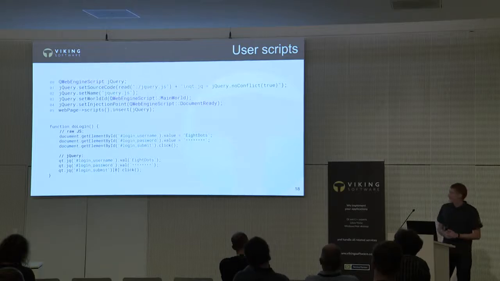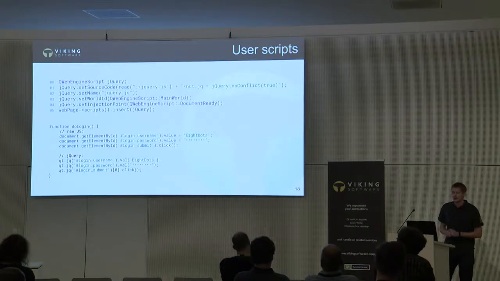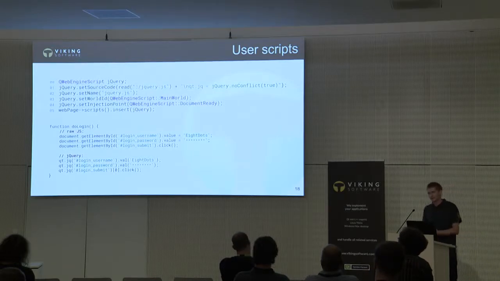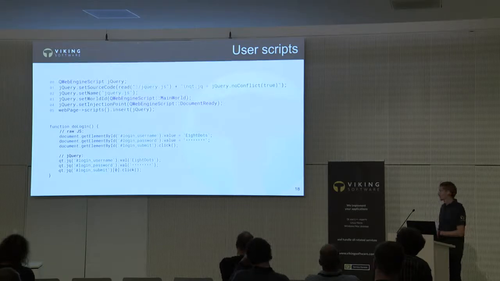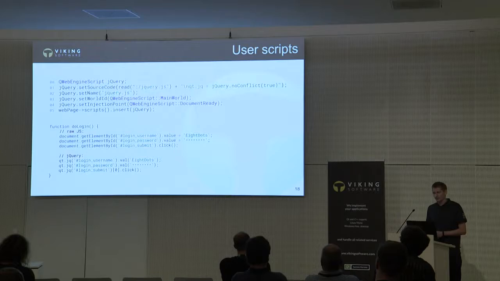Except for obvious fields like source and name, it has a thing called world ID. It's an abstraction from Chromium that allows us to isolate or, vice versa, share some data among the scripts with the same world ID. Another interesting thing is the injection point. Actually, it's just a point in time when our script becomes alive.